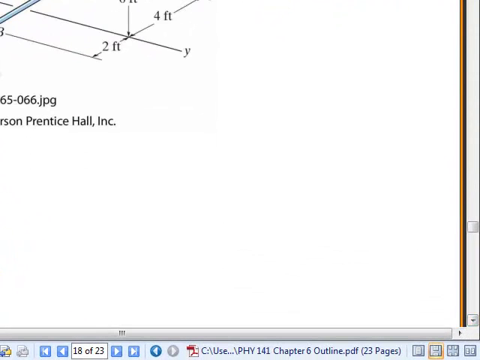And then we have the forces in the three members. Do you think they're going to be in tension or compression? Or a little bit of both? Both.